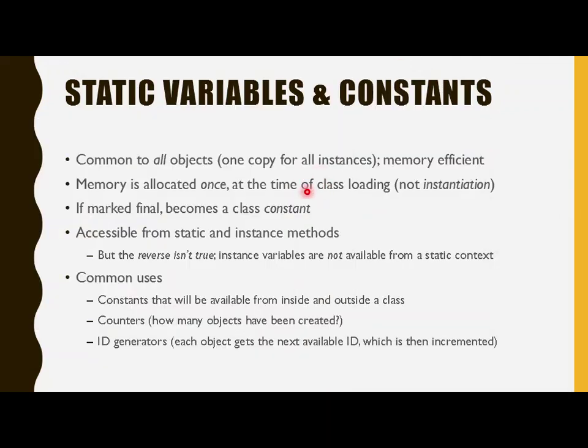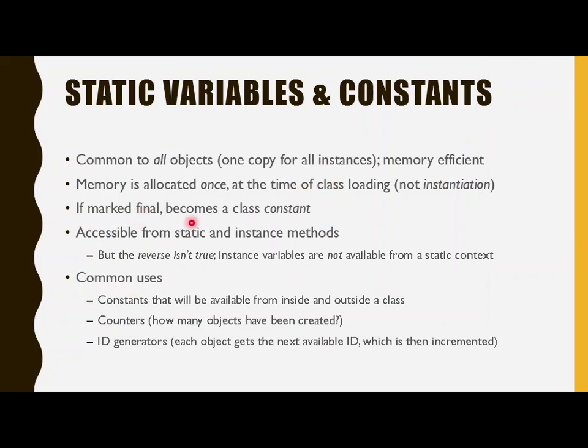But I just wanted to point out that class load is something that maybe we haven't thought about. When a class is used for an instantiation, Java knows about it, and it knows it has to load up that class. So memory allocation for statics is done then. Of course, if something's marked final, it becomes a constant. We like constants.